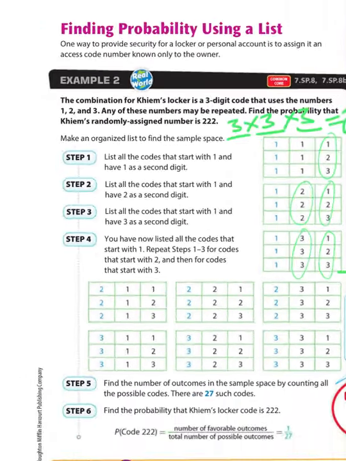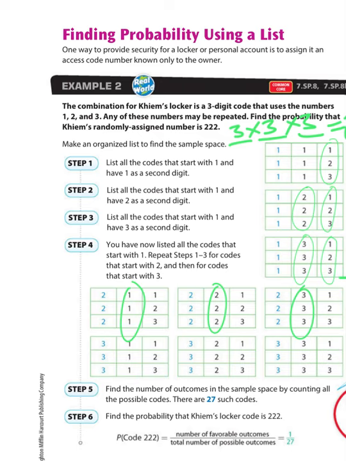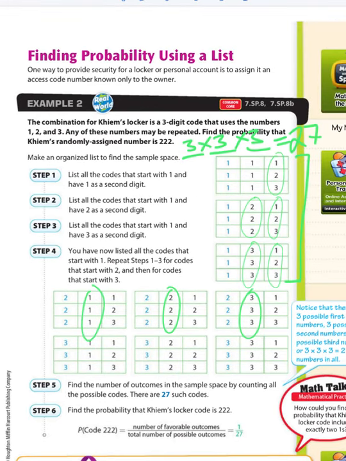Then we have to do the same thing for 2s, where you have 1s in the middle, 2s in the middle, 3s in the middle, and then with all 3s with the rotating middle numbers as well. So if we were to count up every single row here, because each row represents a different combination, we would see there are 27 possible outcomes.